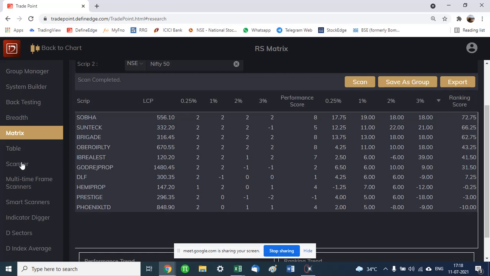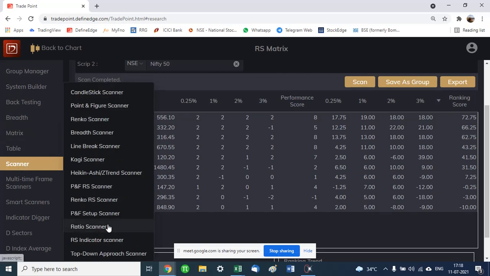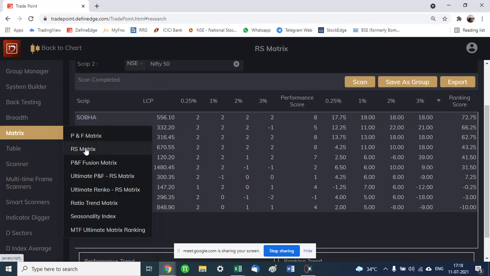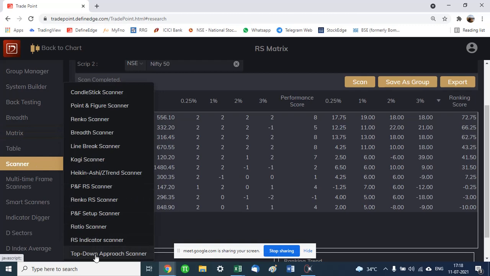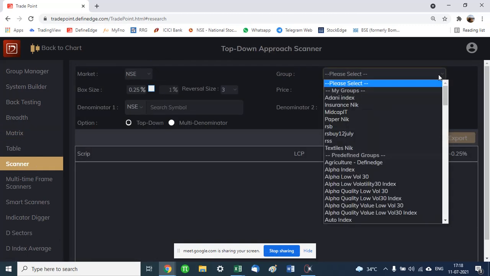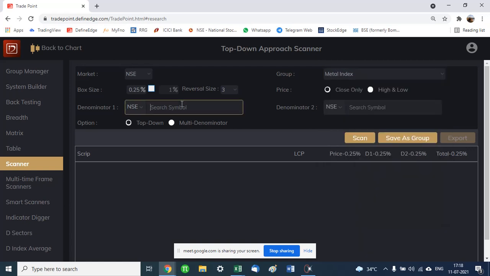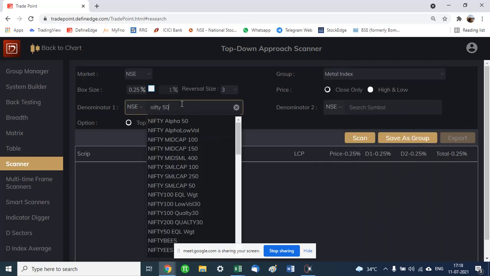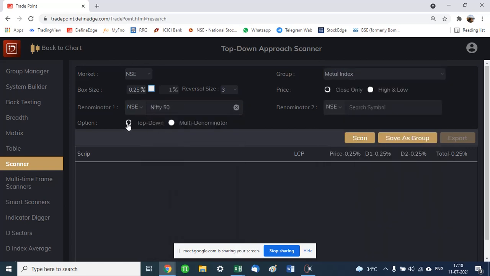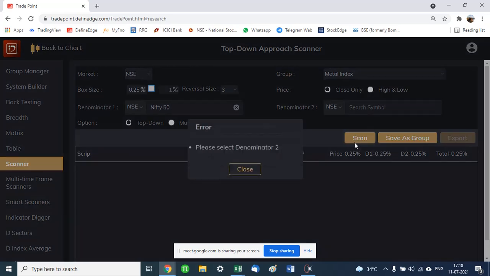The other approach I can use is again a scanner called top-down approach scanner. So right now we have used the RS matrix to identify the stock. We can also use the top-down approach scanner to do the same. So here I select metal index, denominator as Nifty 50, top-down approach, and I scan.